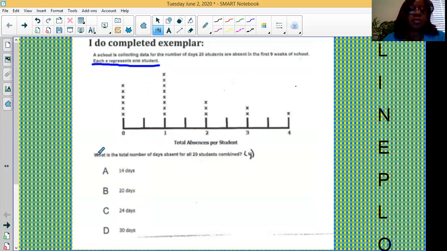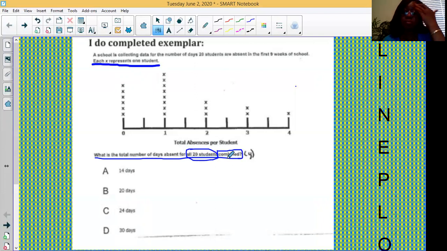Our job is to figure out what is the total number of days absent for all 20 students combined. So we're going to underline that. We're going to circle all 20 students. And we're going to box in combined. That is very important. Okay.